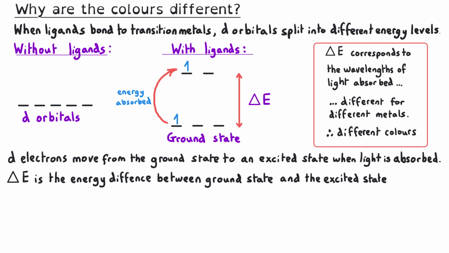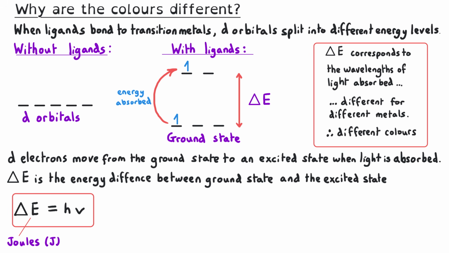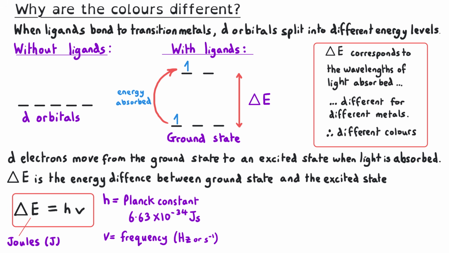The energy difference between the ground state and the excited state determines the wavelength of light absorbed, and we can calculate it using Planck's equation, delta E equals hν, where delta E is the energy difference measured in joules, h is the Planck constant, which has a value of 6.63 times 10 to the minus 34 joule seconds, and ν equals the frequency of the light absorbed, measured in hertz or seconds to the minus 1.